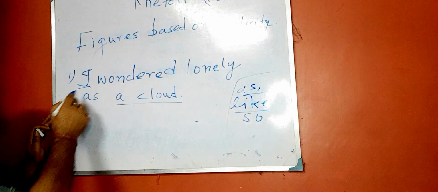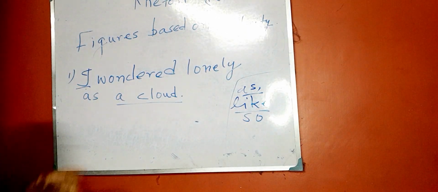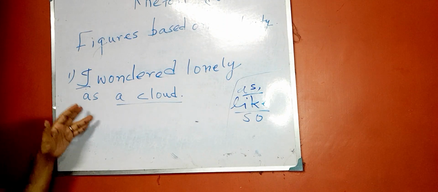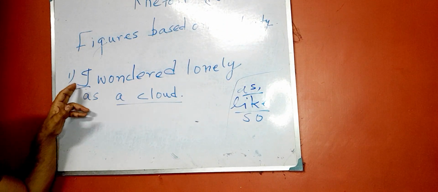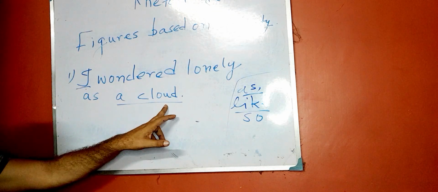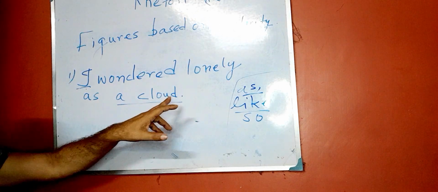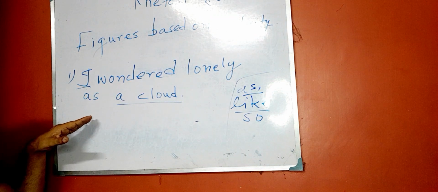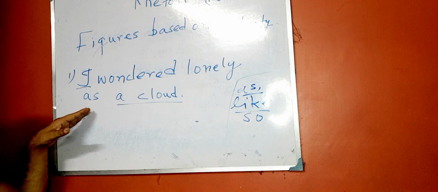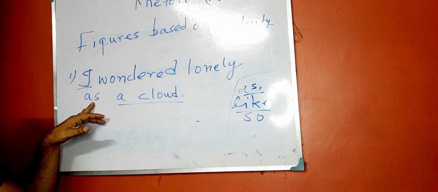They are two different things. So you can write here, this is a case of simile, here two objects, I and a cloud, are compared. They are two different things in nature. The expression is made clear by the word as.